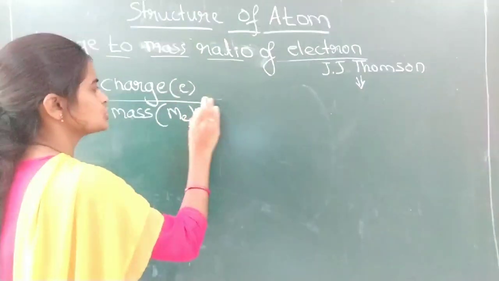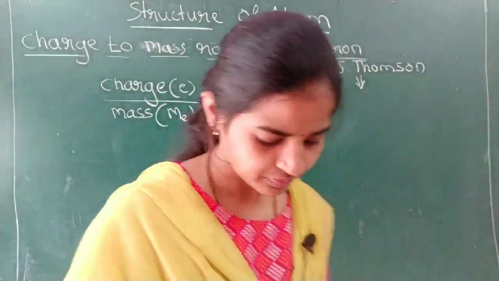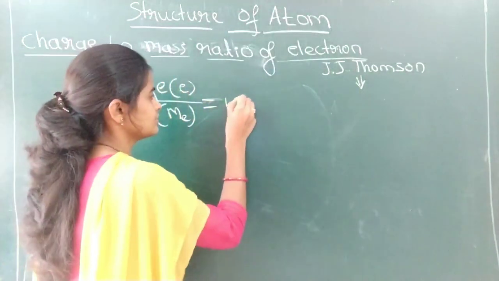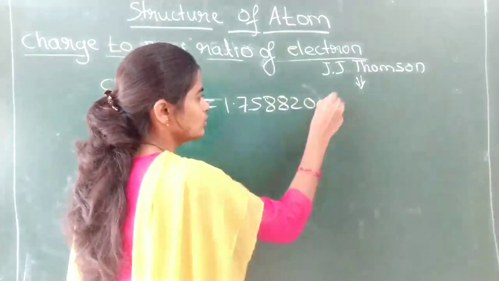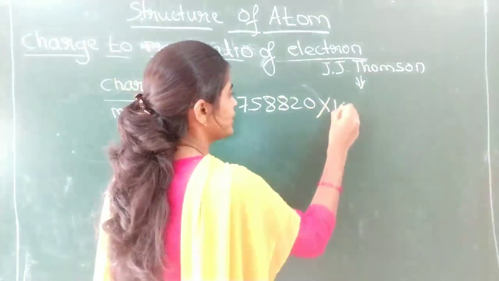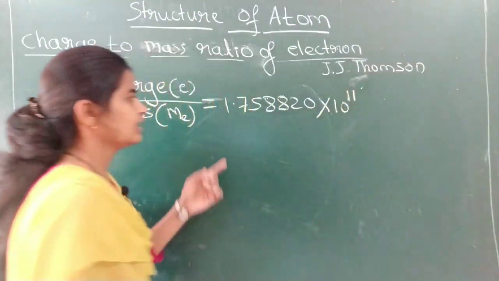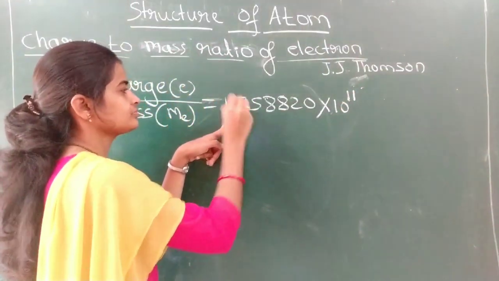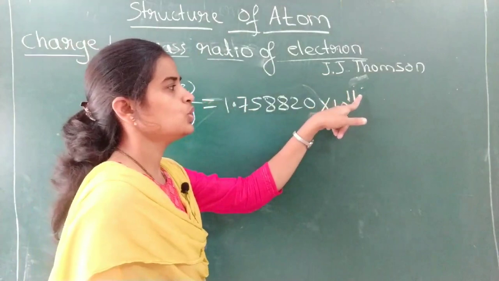The charge to mass ratio of an electron was found to be 1.758820 into 10 raised to 11.